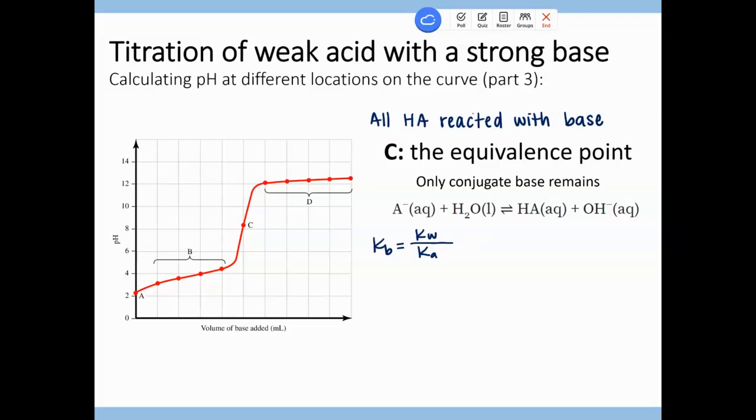We'll write it again. Kb is approximate, well, let's write out the equation. I'm getting ahead of myself. HA times OH minus concentration divided by A minus concentration. And this is approximately, we're increasing in product, decreasing reactant, X squared over A minus concentration.